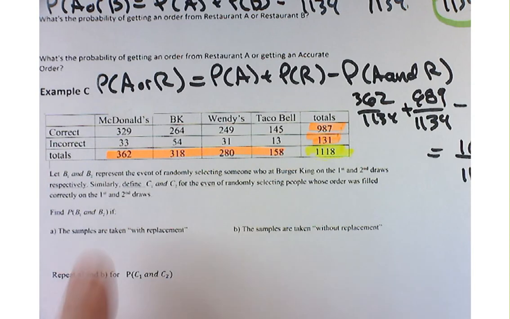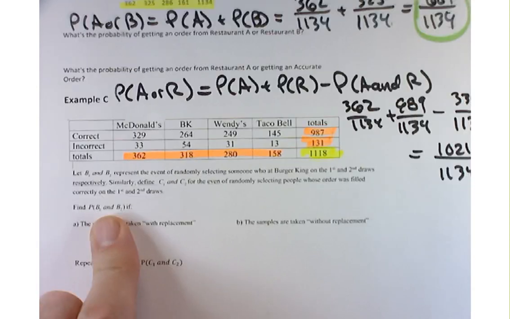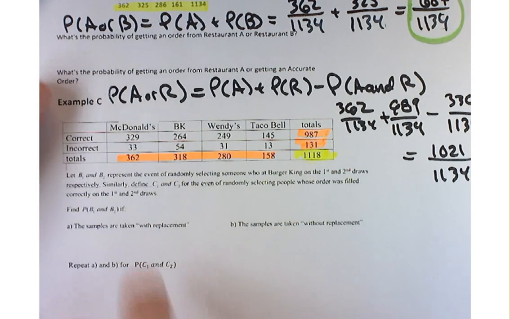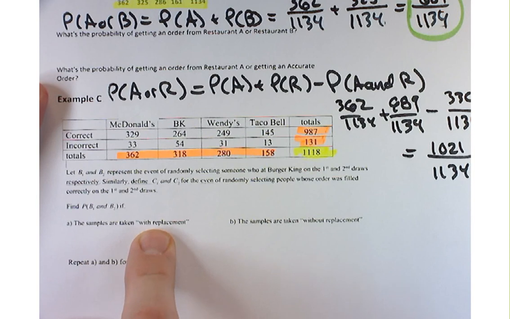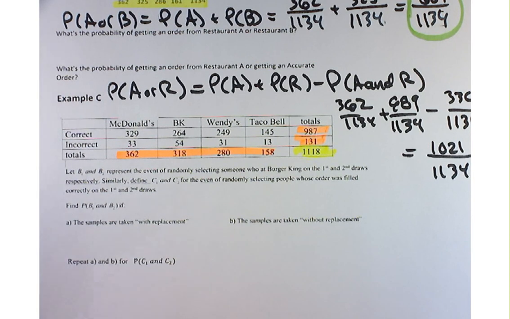We're going to look at this probability in two circumstances. One is the probability when we're sampling with replacement, and the other one is sampling without replacement. With replacement means you're going to look at this individual and notice if they ate at Burger King or not, and then put them back into the mix.